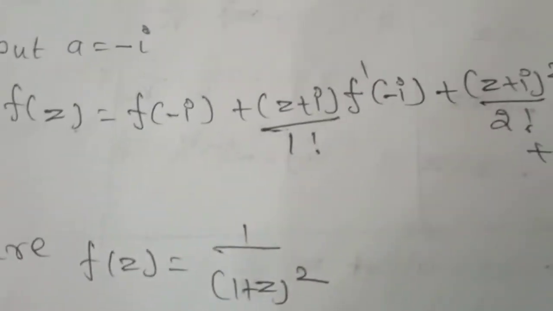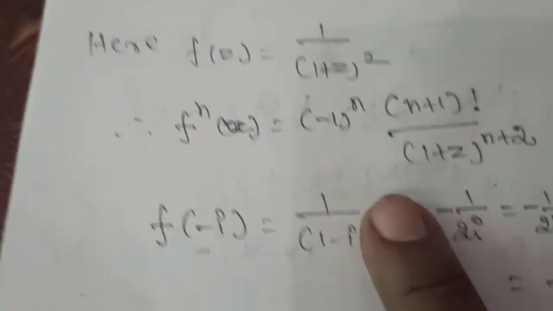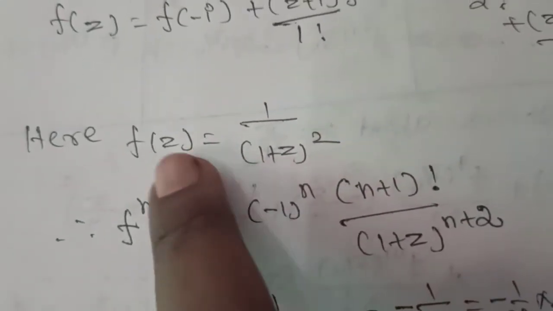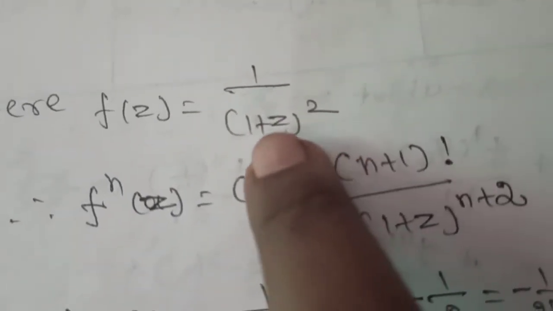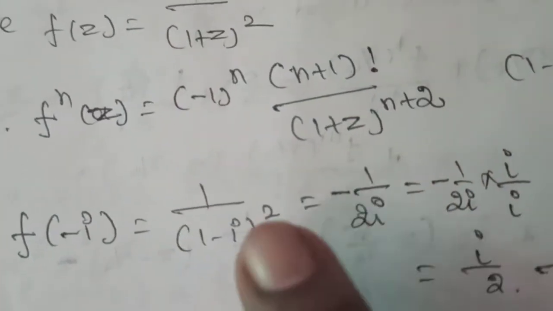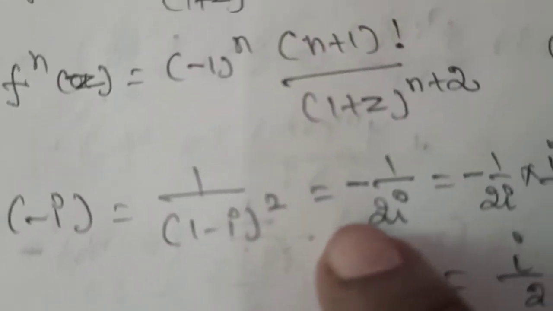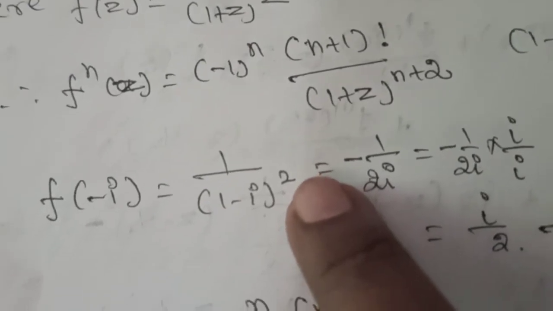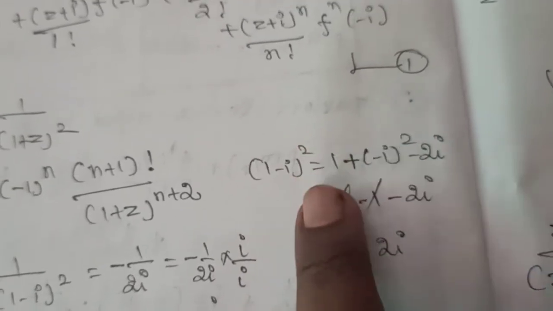Okay, so first step, find the f(-i) value. We take f(-i), substituting z equal to minus i: 1 divided by (1 - i)^2. The denominator is based on the (a - b)^2 formula, which is a^2 + b^2 - 2ab.